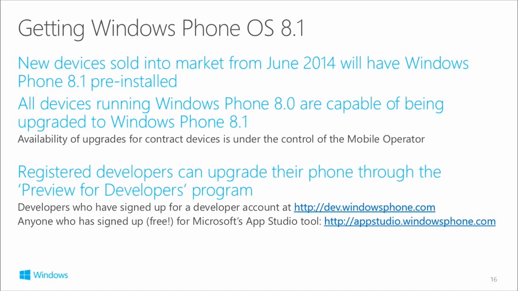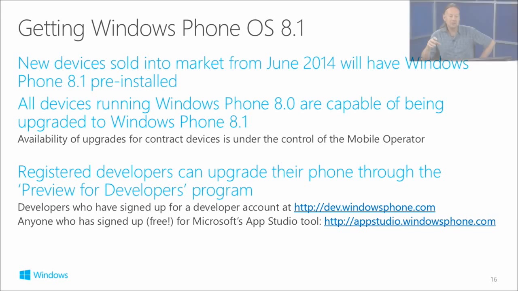Whether an update is made available for your particular device, and when that happens, is unfortunately not in our hands. If you've got a contract device through a mobile operator, it's up to them to make the update available to you. So we hope that will happen for the majority of you in short time, but that's not under our control.